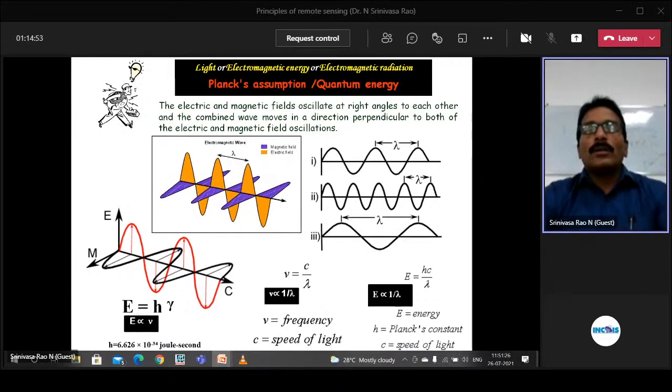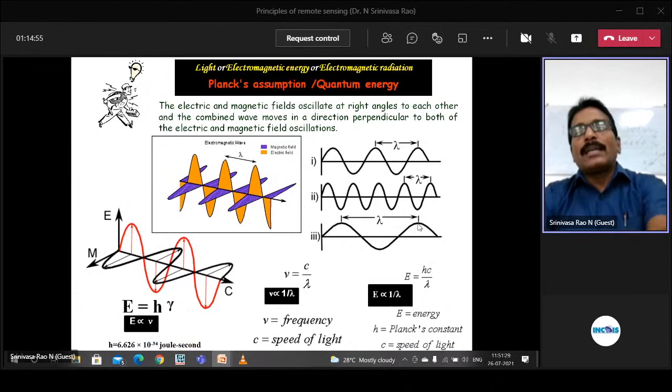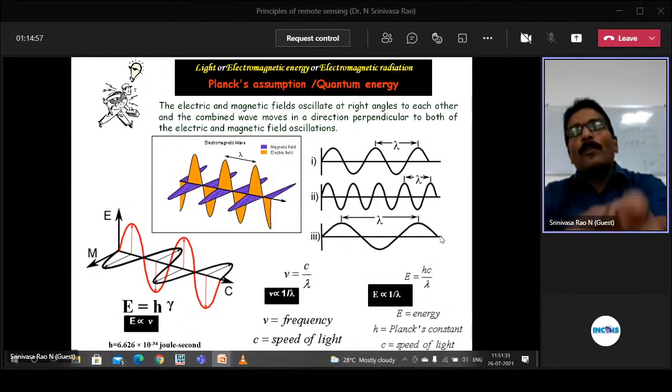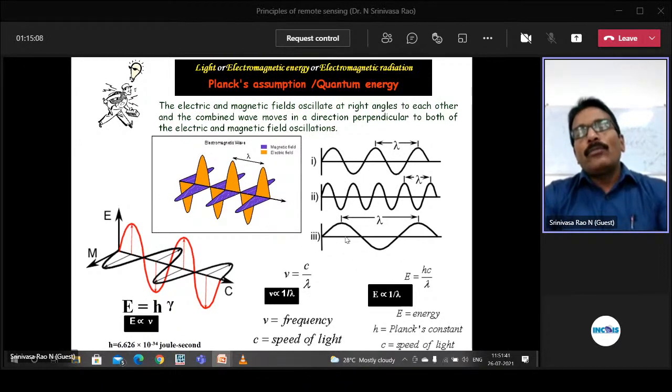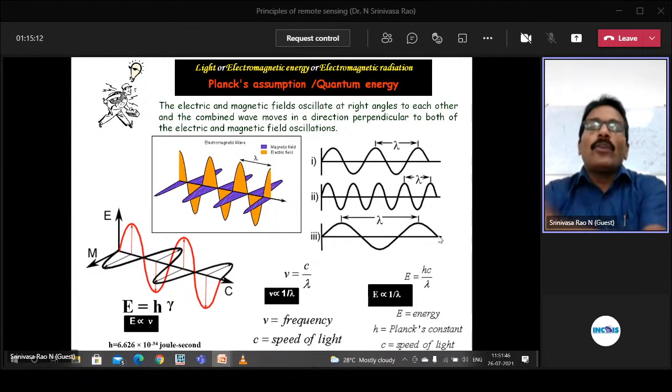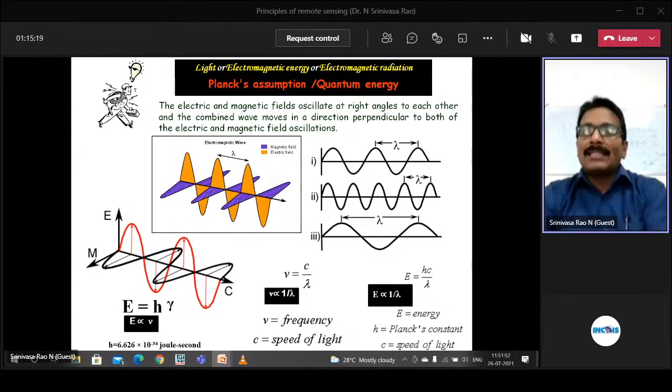Now if you see this one, in this case within 1 second of time, fewer packets cross because the wavelength is more. Wavelength units are nanometers or micrometers; in terms of length, it is meters. So if wavelength is more, within 1 second fewer waves, that means fewer energy packets, cross. That's why this energy is less.